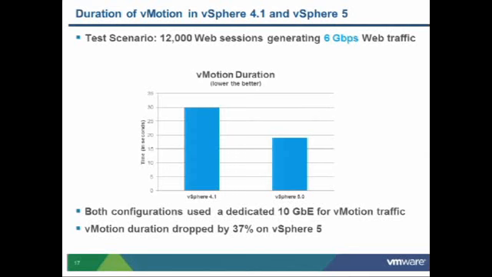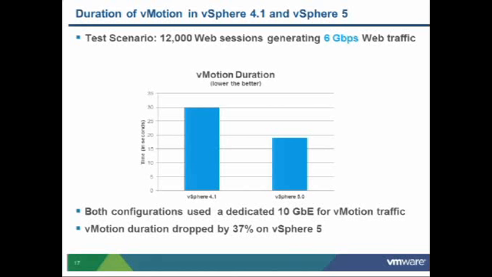Even then, we've seen that there's not a single connection drop. And we've seen a significant improvement in performance from vSphere 4.1 to vSphere 5. Our analysis basically showed that the improvement was mainly because in vSphere 5, the vMotion was able to more effectively use all the 10 GB bandwidth.